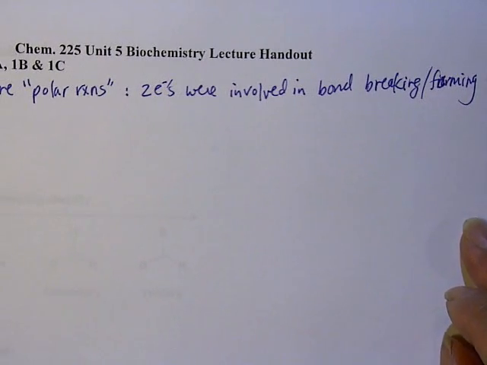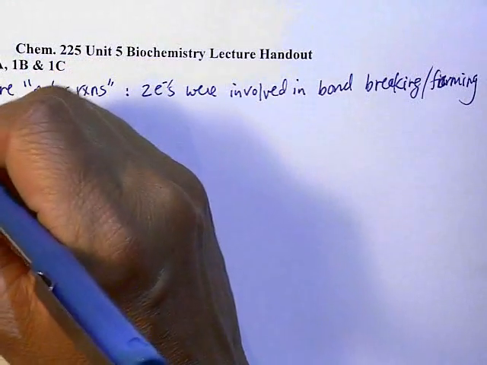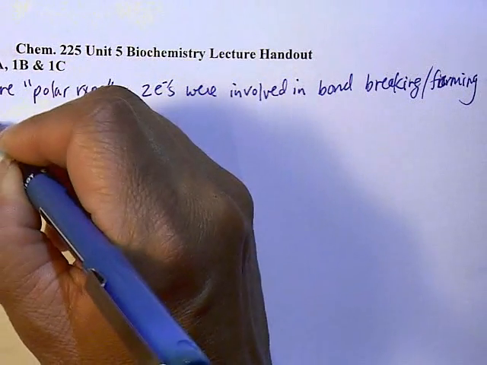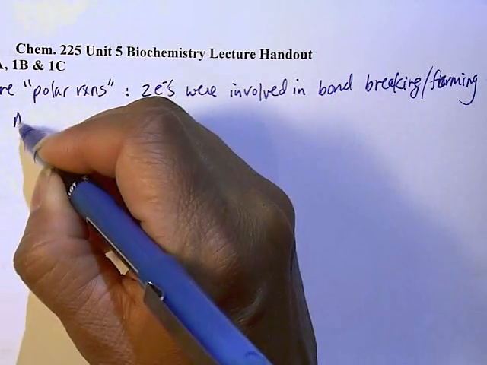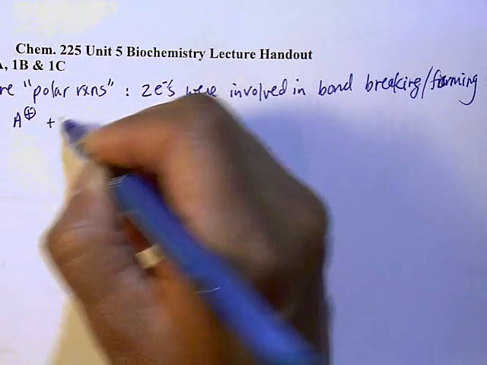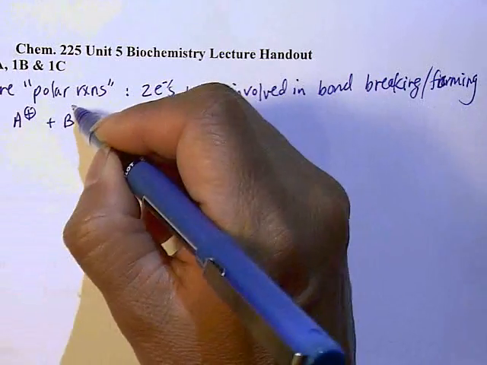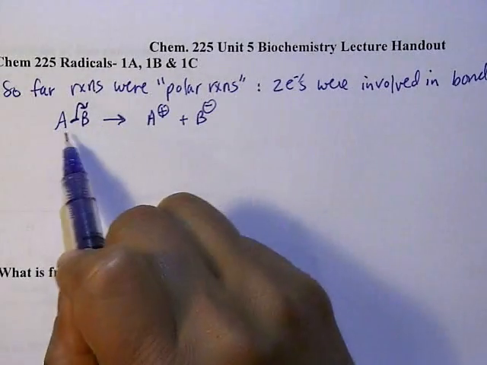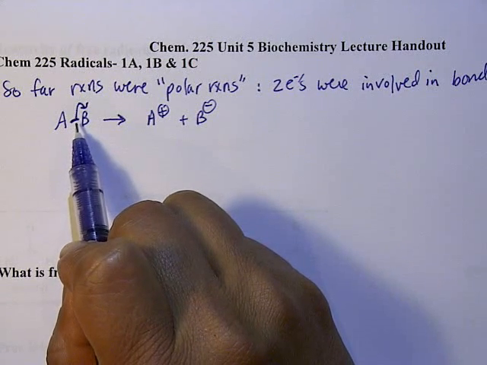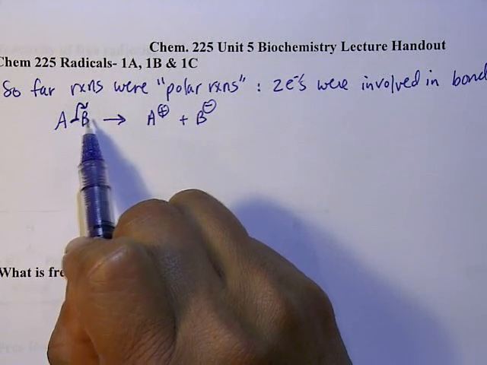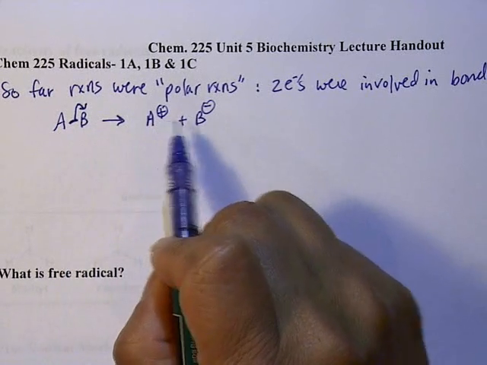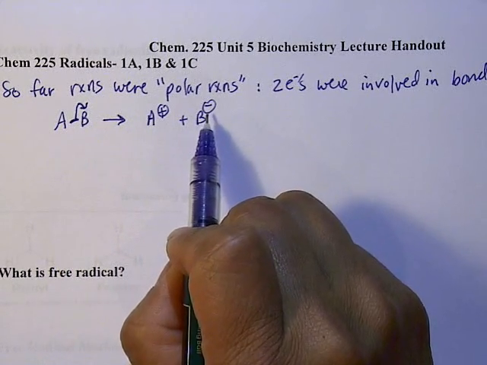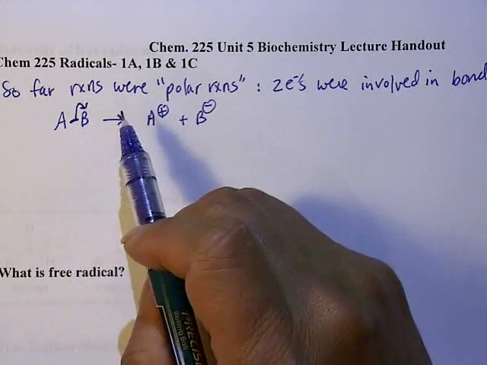For example, if you were breaking a bond, we used a 2-headed arrow to indicate that the 2 electrons have moved. So if there's a bond between A and B, and we're breaking that bond, and we gave the electrons to, let's say, B, then A would have a positive charge and B would have a negative charge because it got the 2 electrons, right?